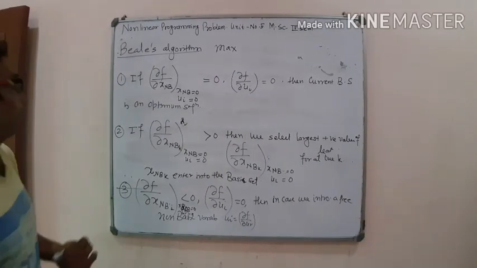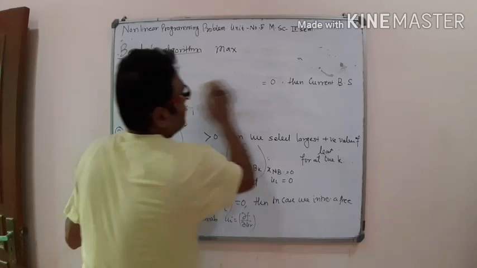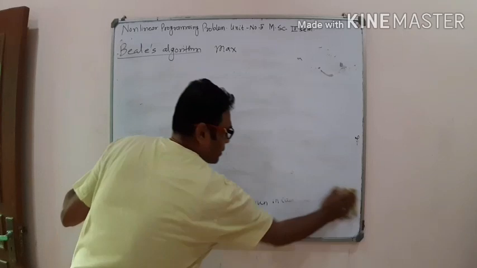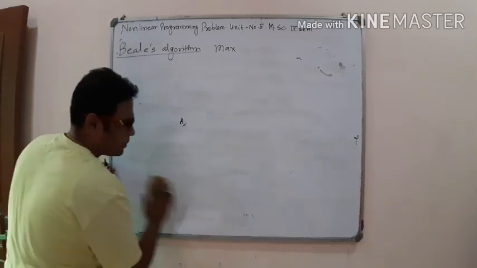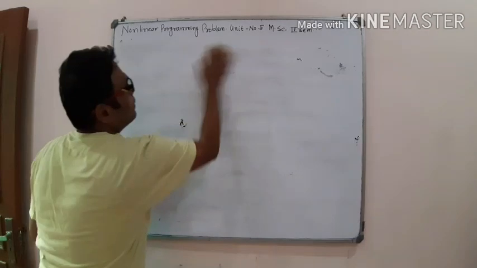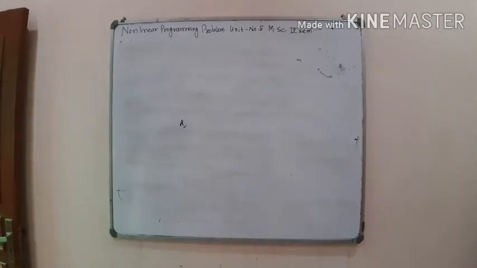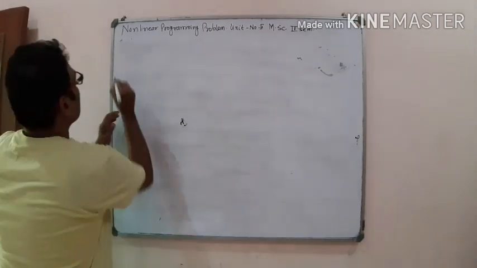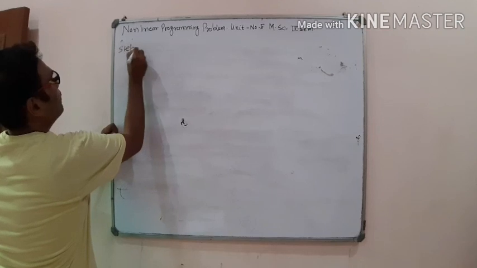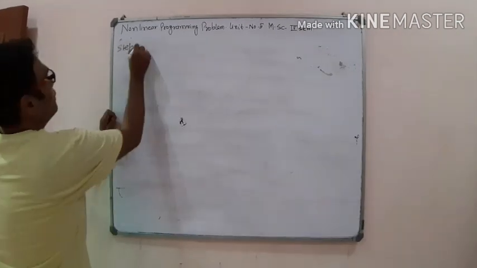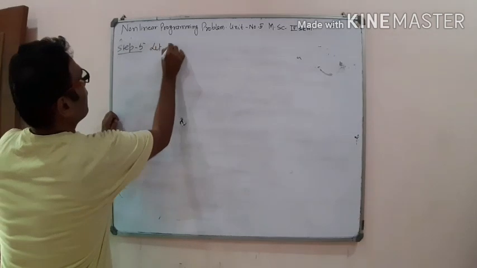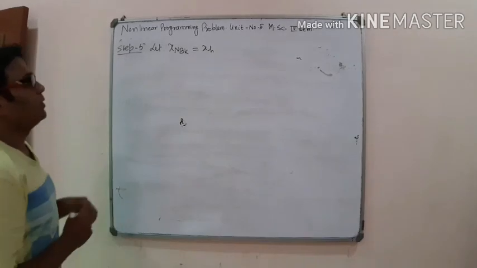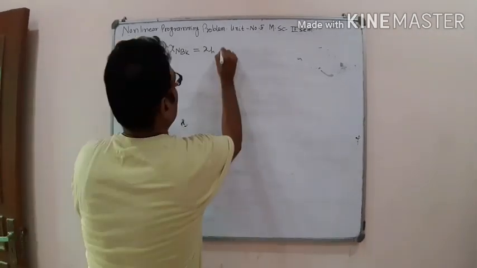Now the next step. This was the condition for entering a variable into the basic set. Now there is a condition for removing an element from the basic set. So this is step number 5. Let xNB k be supposed to be xh, and it will enter the basic set.